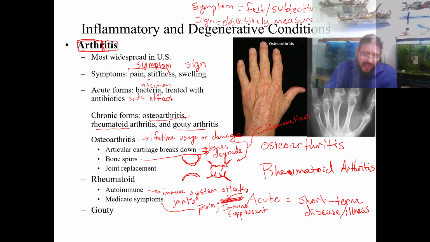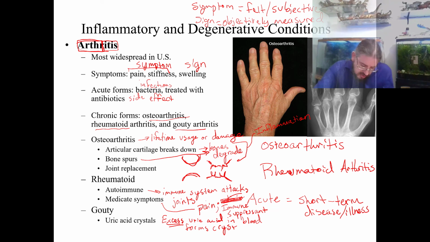So gout, in case you're unaware, is caused by excess uric acid in the body. So excess uric acid. So this is in the blood, and it generally forms crystals in joints. This is gout.